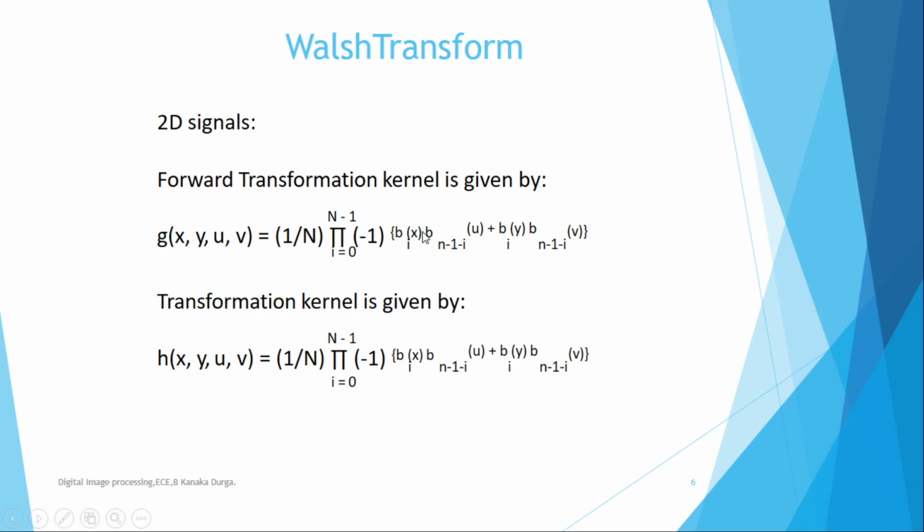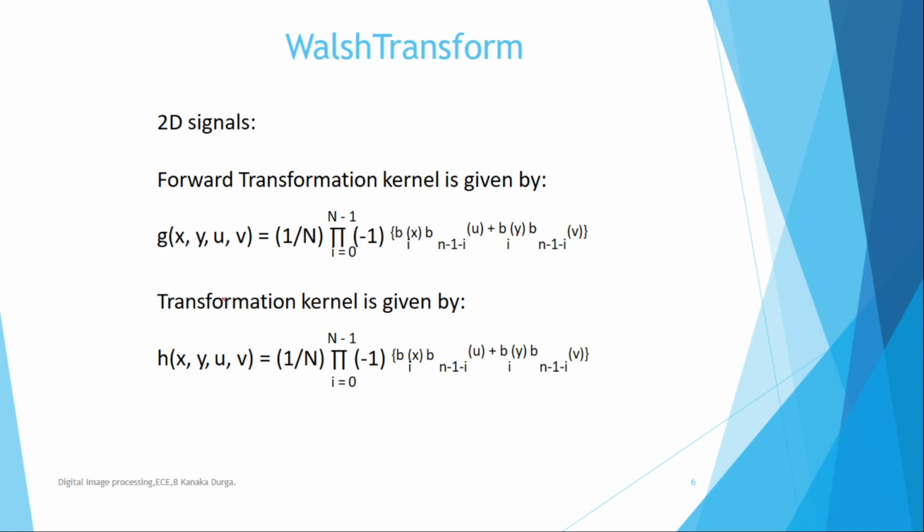Since the x variable has been converted to the u variable from time to frequency, the same way y has to be converted to v. So we consider another variable: y goes for the spatial domain variable and v goes for the frequency domain variable.